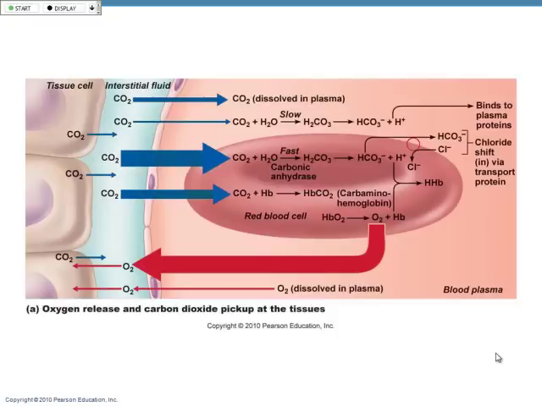So I have some chemistry going on here that's going to allow me a seat on the hemoglobin molecule as carbon dioxide. And then a lot of my seats on the ride, in this case, are actually going to be on plasma proteins in blood plasma.